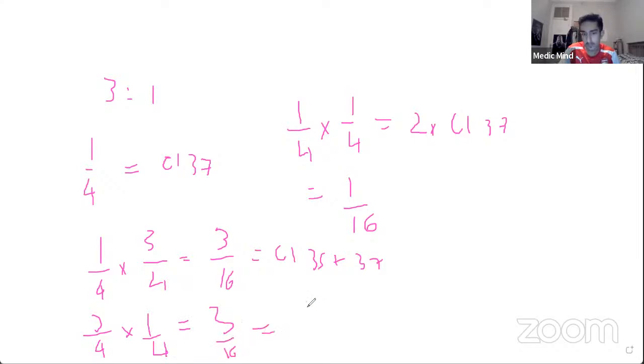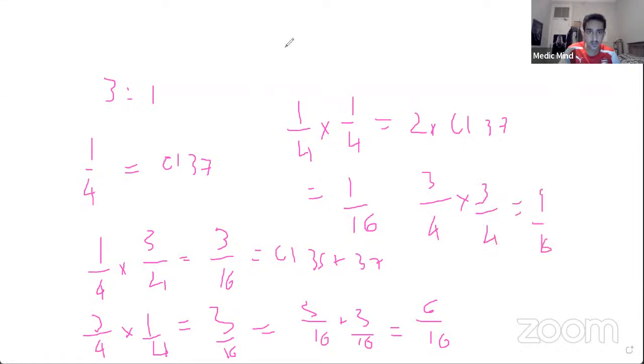The overall probability of picking a Cl35 and a Cl37 is 3 in 16 plus 3 in 16, which is 6 in 16. And then the probability of picking 2 Cl35s is 3 in 4 times 3 in 4, which is 9 in 16. Now your ratio will be 1 in 16 to 6 in 16 to 9 in 16, which is a 1 to 6 to 9 ratio, because the total is out of 16.